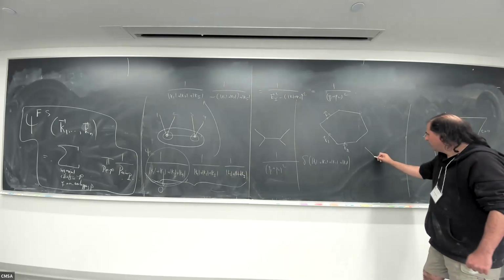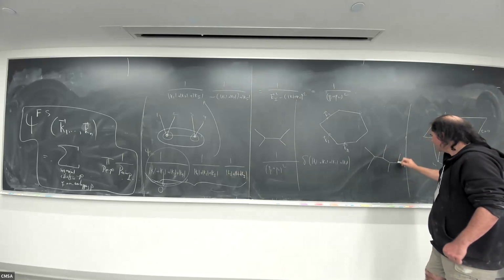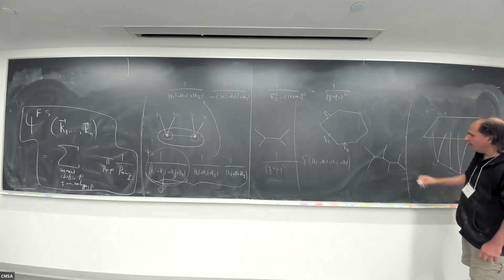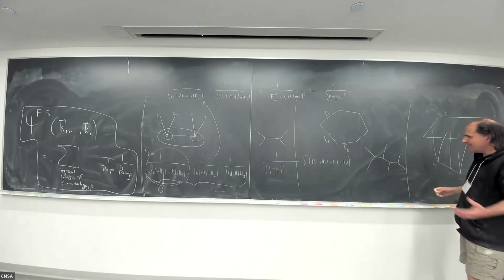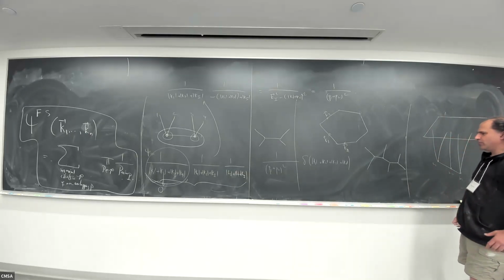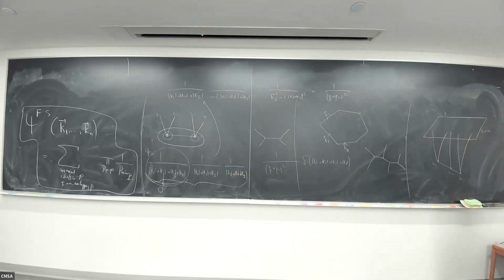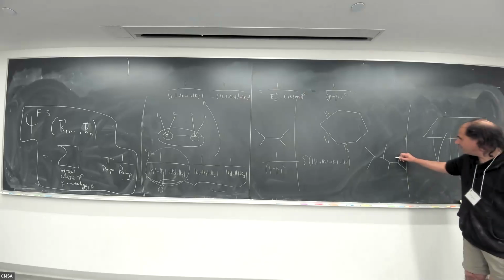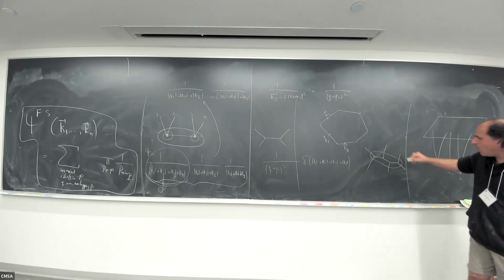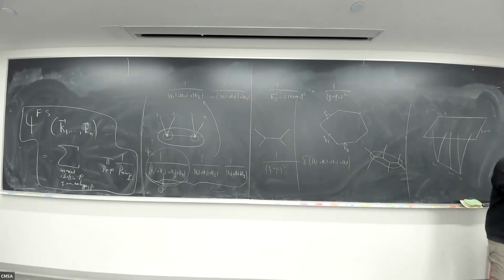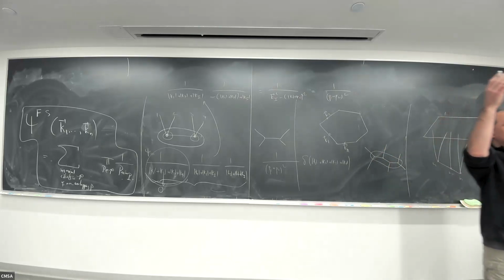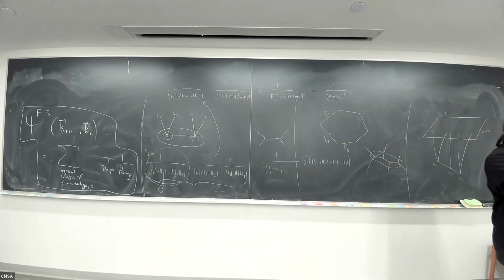Now, when you have some complicated diagram, when you get an amplitude, where is the delta function for energy conservation coming from? Energy conservation is associated with time translational invariance, right? And so that delta function comes from the infinity that you would get if you took all these times and sent them off to infinity together, keeping all the time differences fixed, right?